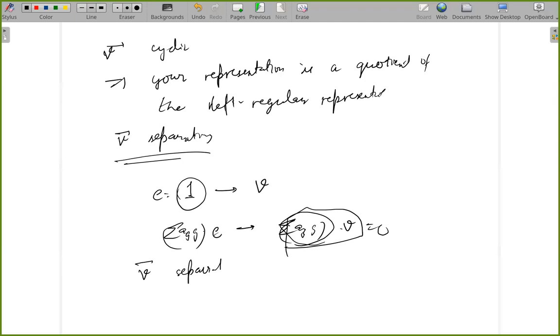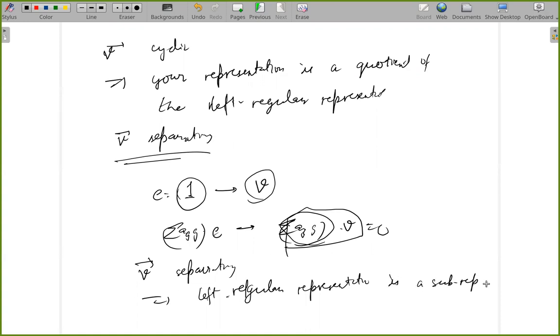So v separating implies, in this case it is correct what I wrote, that the left regular representation is a sub-representation of whatever representation you started off with, from which you had chosen this vector in the representation module.